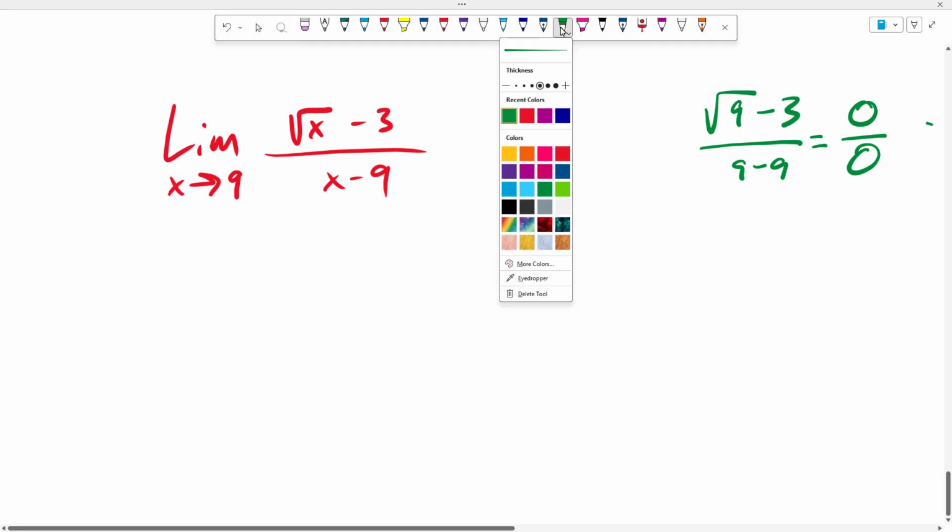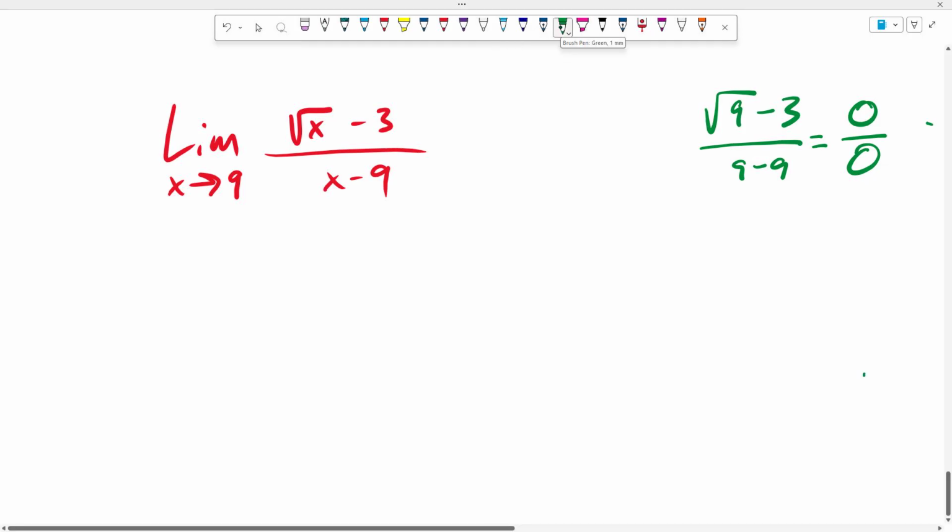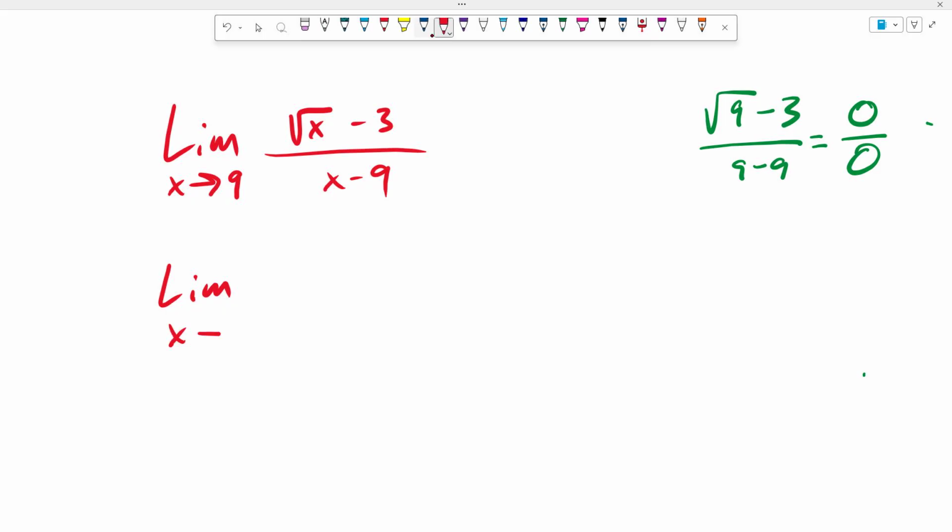Anybody know the trick for this one? Multiply by the conjugate. So we're going to multiply by the conjugate of either the numerator or the denominator. When do we do this trick?